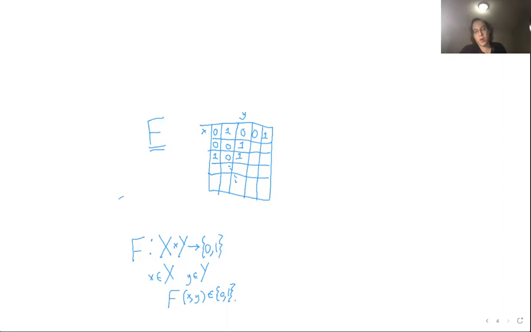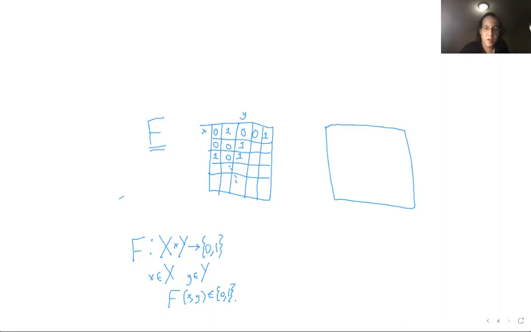Okay, and the way we often think of deterministic communication complexity is like this. We think of Alice knowing some x and Bob knowing some y, and they want to find the bit of answer in the cell xy.